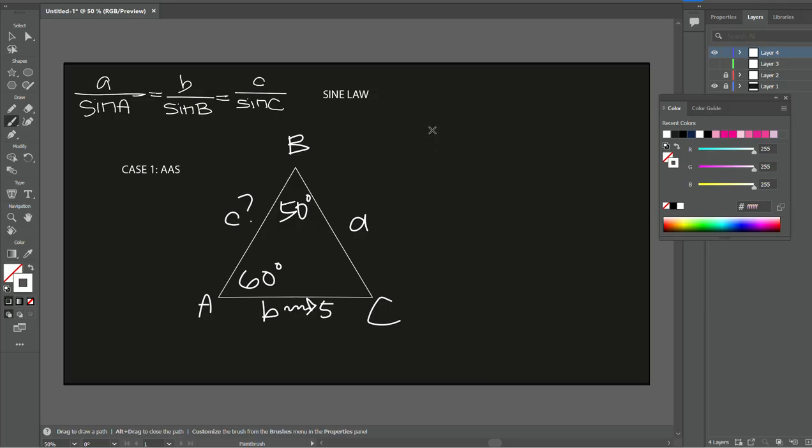So how do you solve this? I got two angles, 50 and 60, and one side, b. So we have to solve for C first because it's not given, it's unknown. So we write 180 minus 60 minus 50, and we get 70.